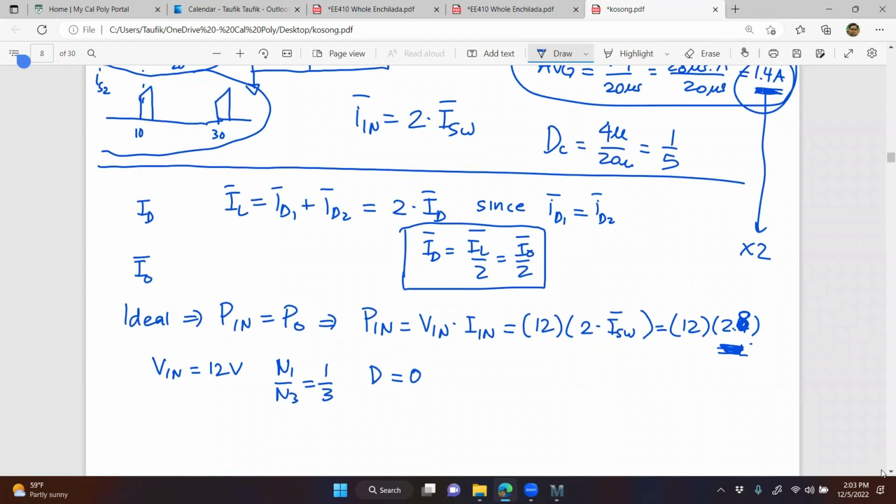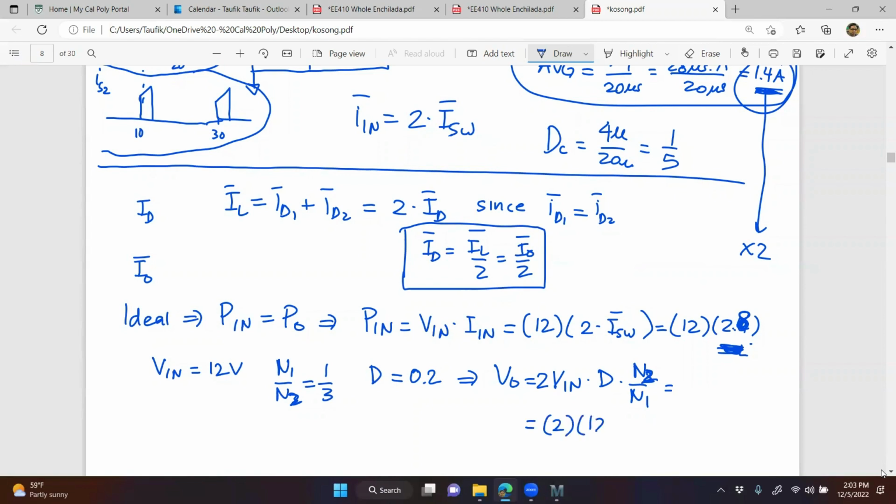So therefore, V out is equal to 2 times V in times duty cycle times N2 over N1. I almost forgot the 2, because that's push-pull.